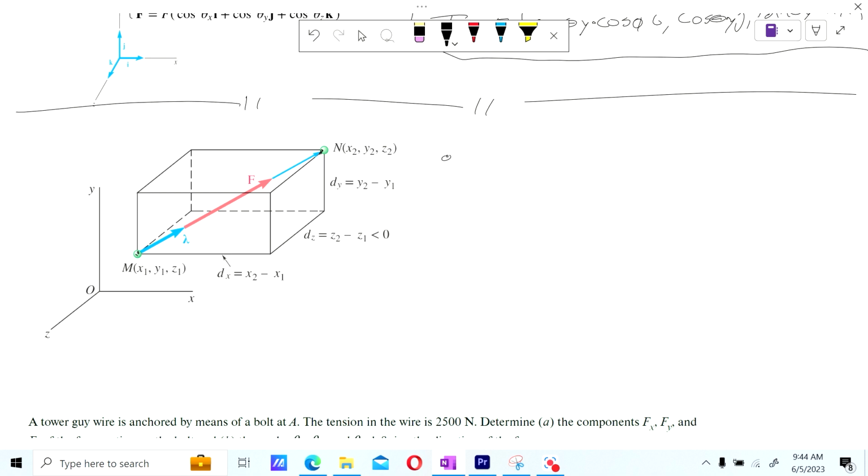So the distance, we're going to have components in x, y, and z. X is going to be x2, the head, minus x1, the tail. x2 minus x1, y2 minus y1, z2 minus z1.